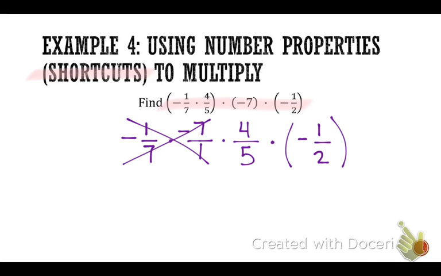It reduces down to 1. Is it +1 or -1? It's positive because there are two negatives. That's significant because if one of them was negative, but the other one positive, this would have been a -1, and that would be significant. Okay, but two negatives, so it's a +1 that it reduces to.